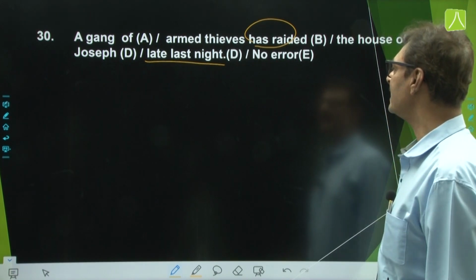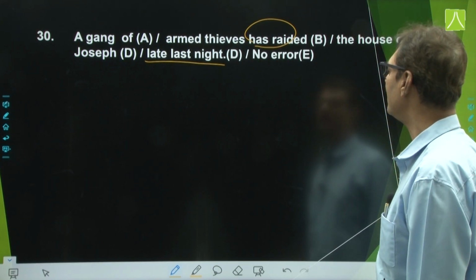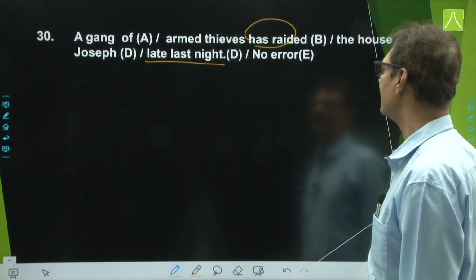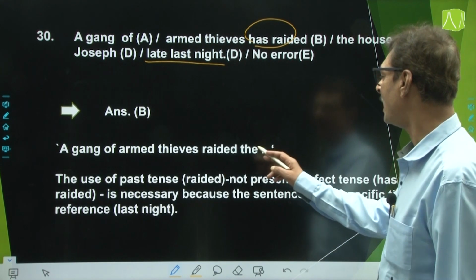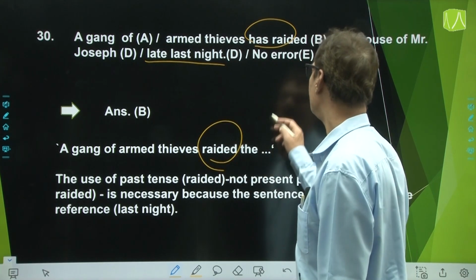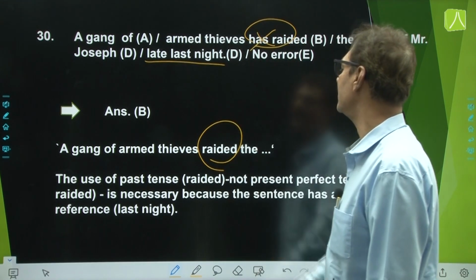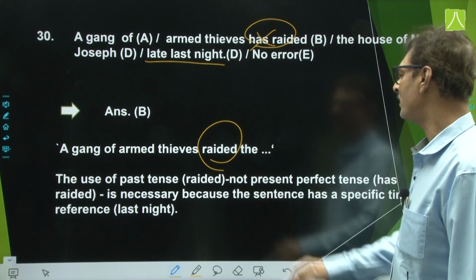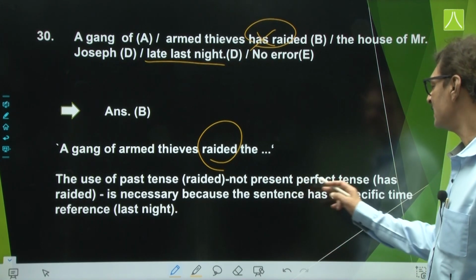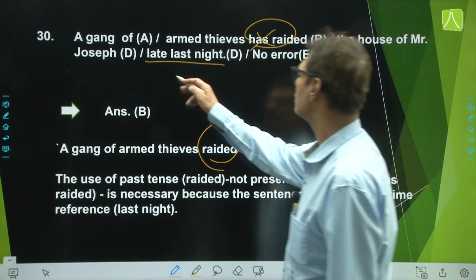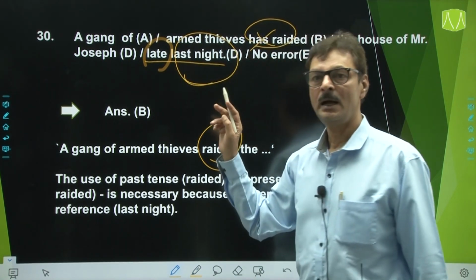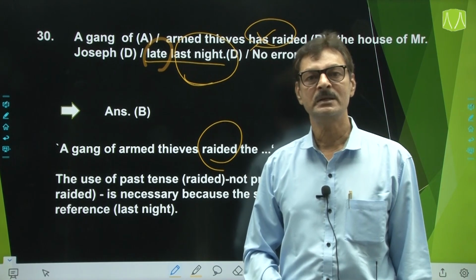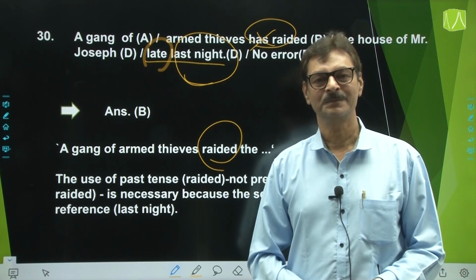So the error is over here. ये गलत है यहाँ पे. Error is in part B. It should be a gang of armed thieves raided the house. This "has" should not be there because the past tense and not the present perfect tense should be used. क्यों? This word last night आपको दिया है. A time constraint of the past has been specified.